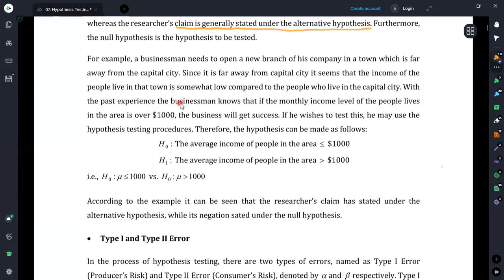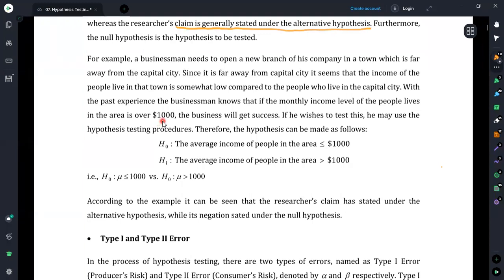With past experience, because he is already running a business in the capital, the businessman knows that if the monthly income level of the people who live in the area is over 1,000, then the business will be a success.